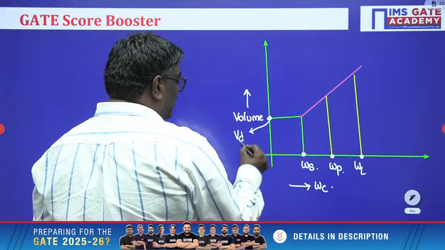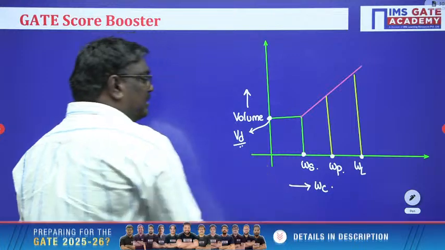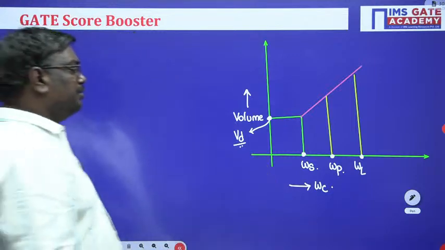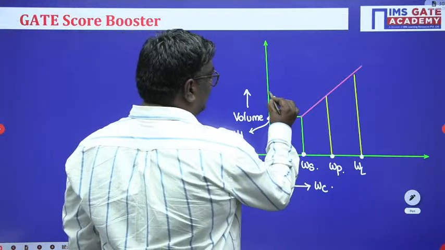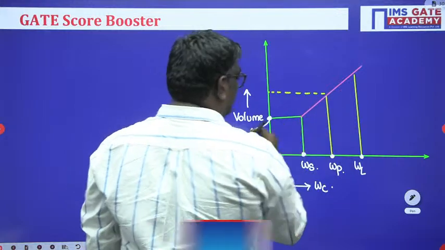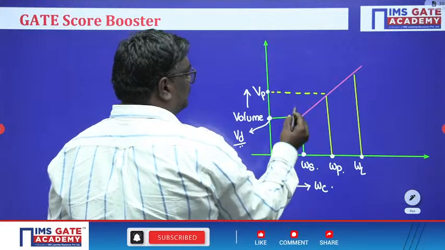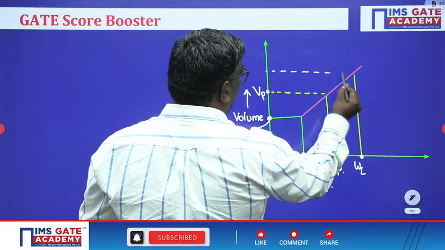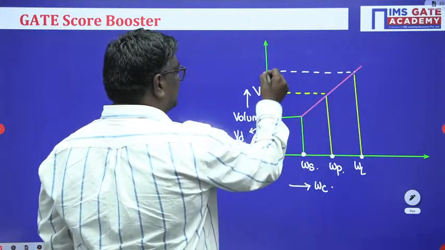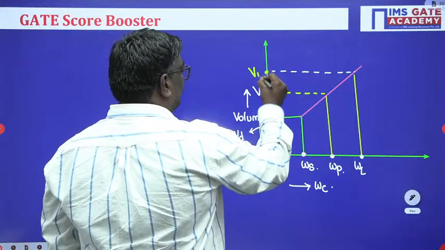The volume at shrinkage limit is called what, sir? Dry volume. Similarly, the volume at plastic limit is called what? Plastic volume. Similarly, the volume at liquid limit is given as VL.